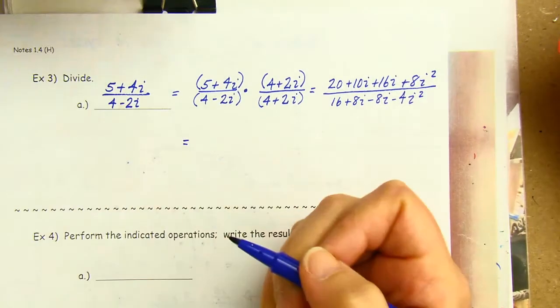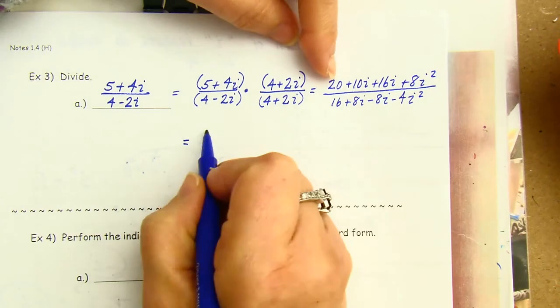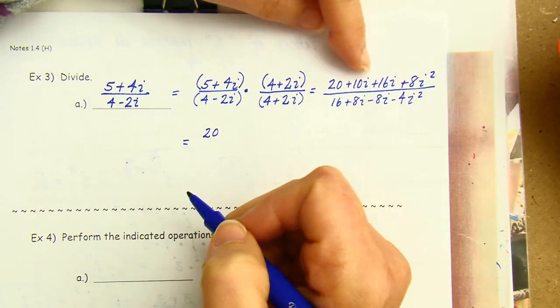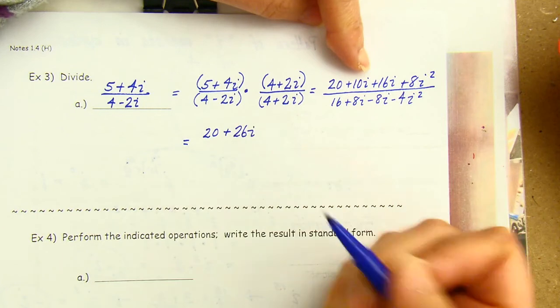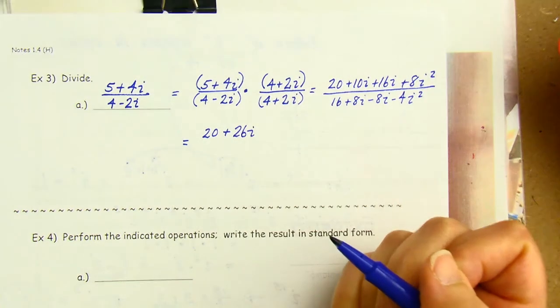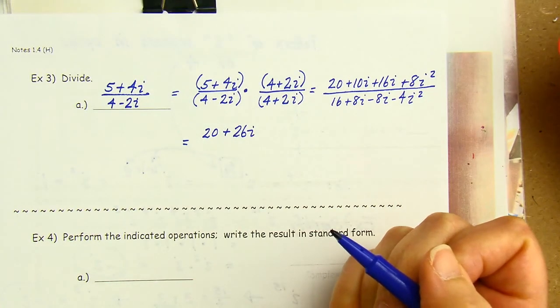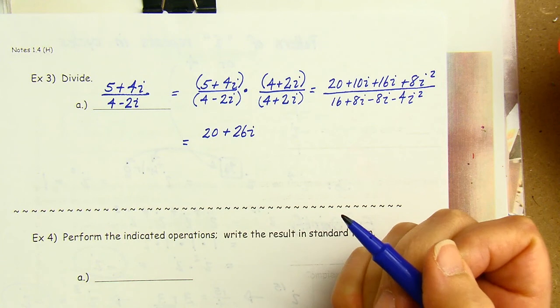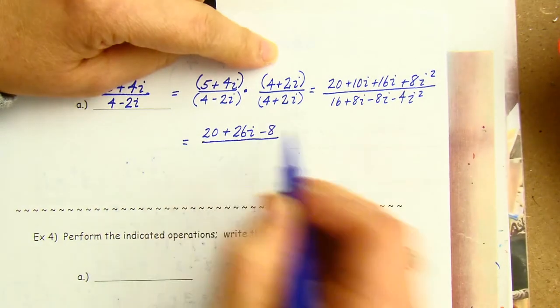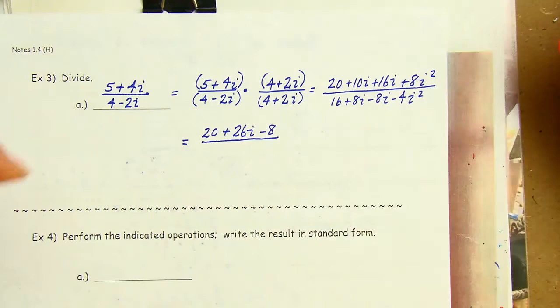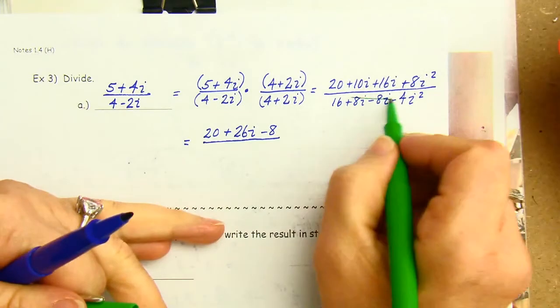In the numerator, this is 20. This is plus 26i. Plus 8i squared. Well, i squared is -1 times 8 is -8. Notice these. These are opposites. They go away.